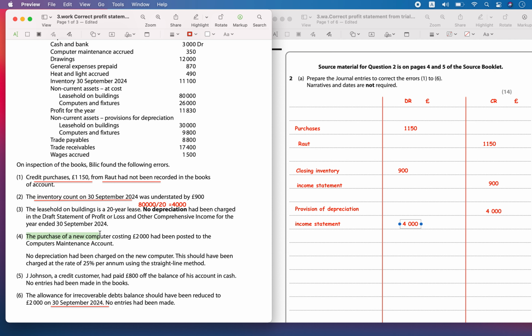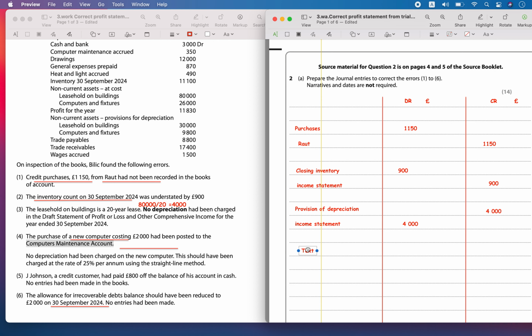Then we have the purchase of a new computer costing 2,000 that had been posted to the computer maintenance account. So here, the new computer is an asset account, and maintenance is an expense, and it has been entered as an expense, so we have to remove it from the computer maintenance account and enter it into the asset account of the computers.